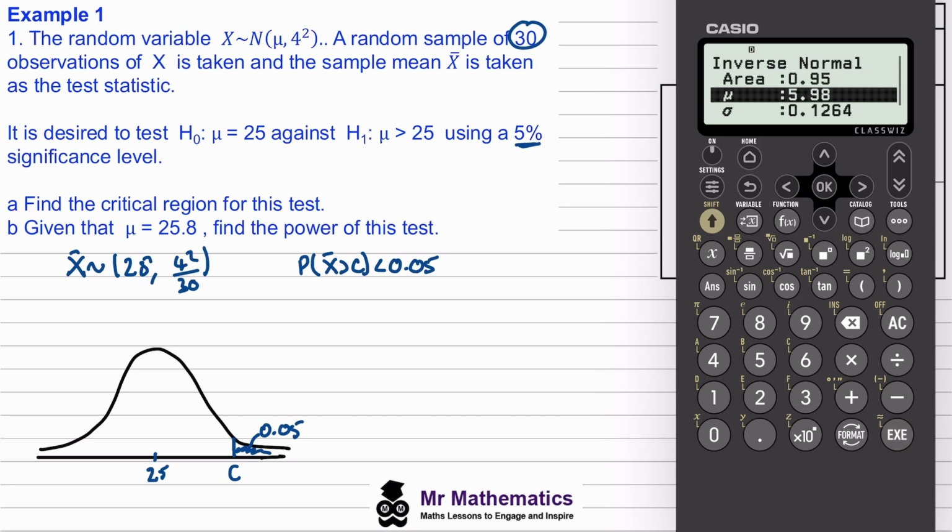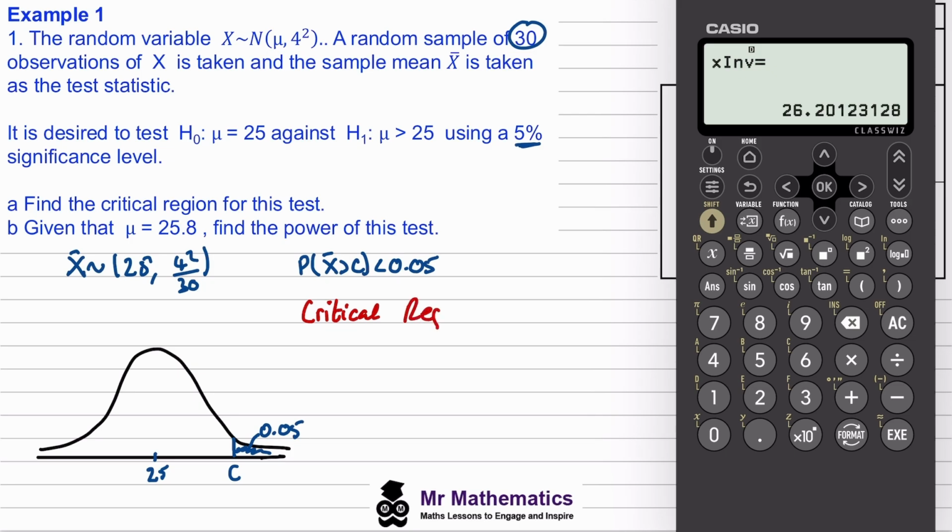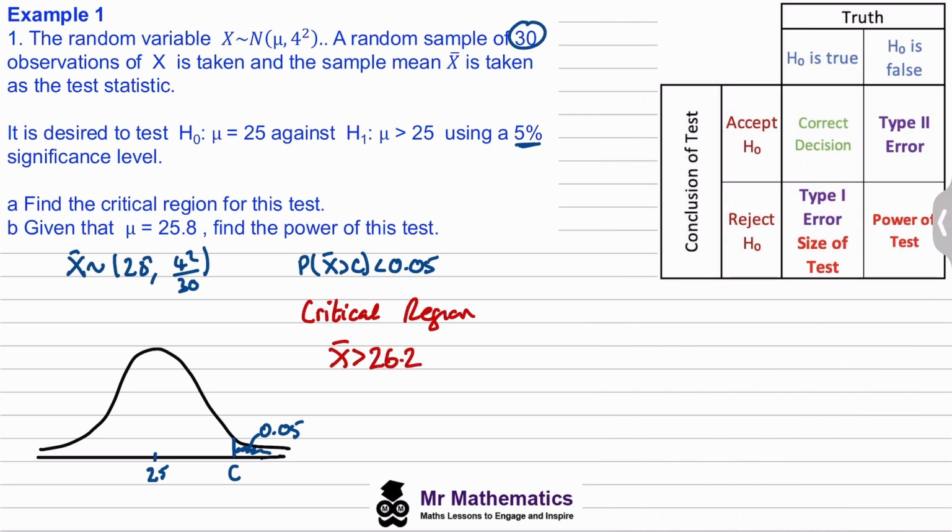The average is 25, and the standard deviation is the square root of 4 squared divided by the sample size. Then we can execute that. This tells us that the critical region is when the sample mean is greater than 26.2. This is when we reject H0 and accept the alternative hypothesis.